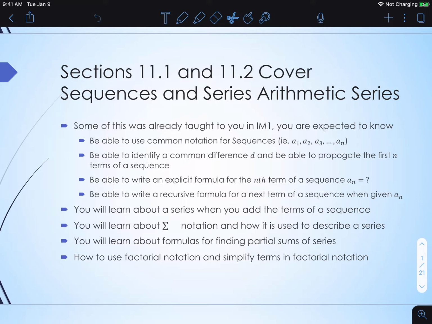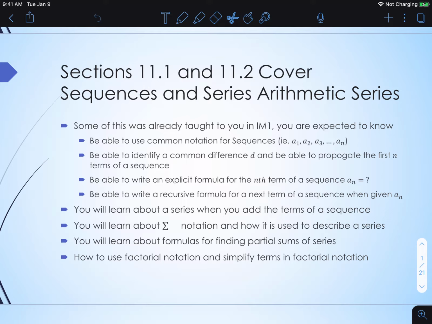So these bullets right here: be able to use common notation for sequences, so a sub 1, a sub 2, through a sub n. That should be familiar to you. You should be able to identify a common difference, commonly using d, and to be able to propagate the first n terms of any sequence.